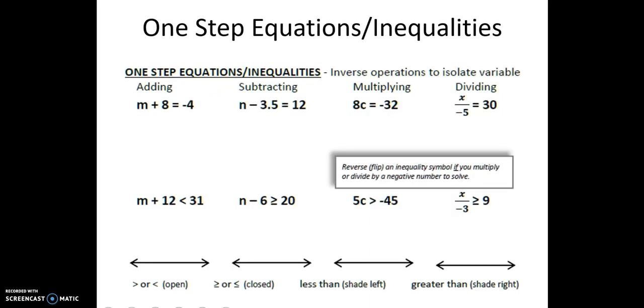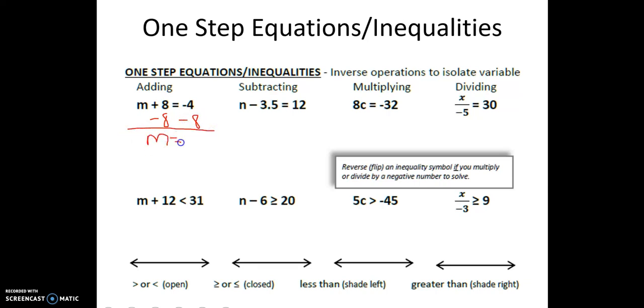One-step equations and inequality. So inverse operations to isolate the variable. So we're just showing each one. So like on the first one, you have m plus 8. So this was an adding one. So inverse operation means you're doing a minus 8. And if you do it to one side of the equal sign, you have to do it to the other side of the equal sign and keep it equal on both sides of the equal sign.